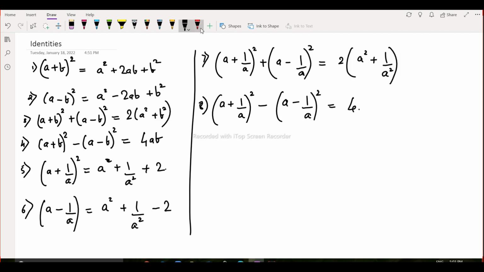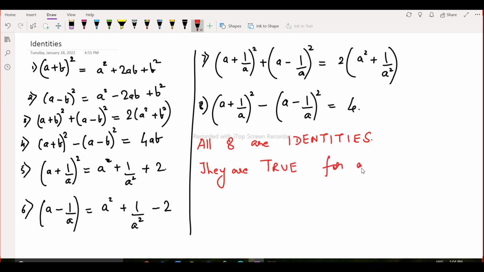So all these 8 formulas which we are doing today are known as identities. And why are they called identities? Because they are true for all values of a and b, or you can say all values of the variables.